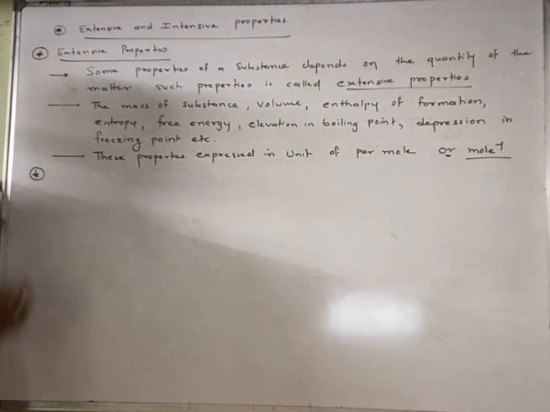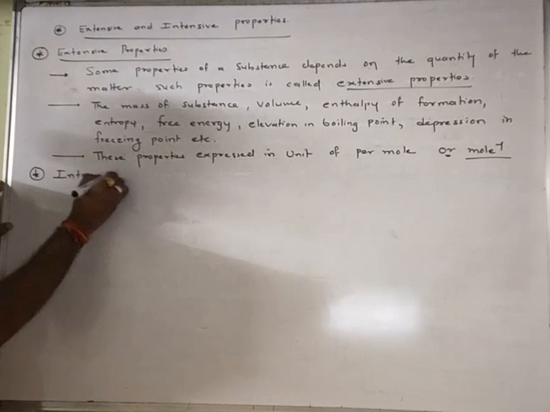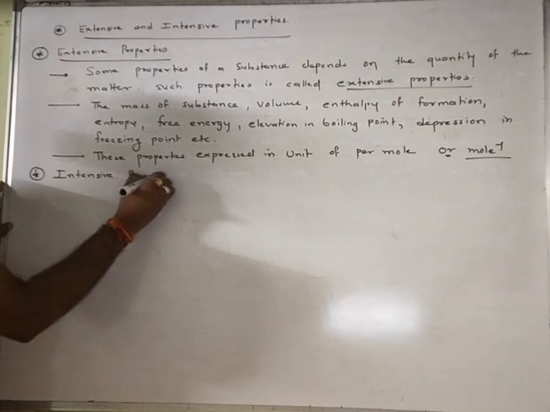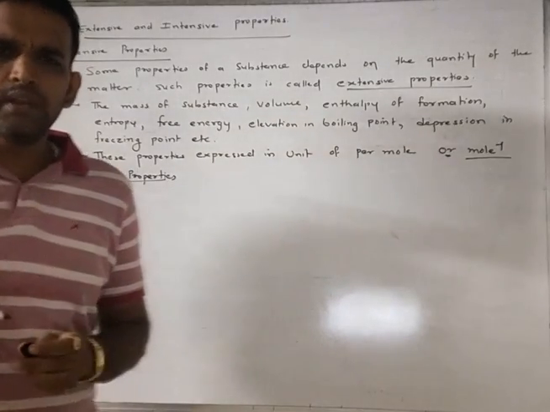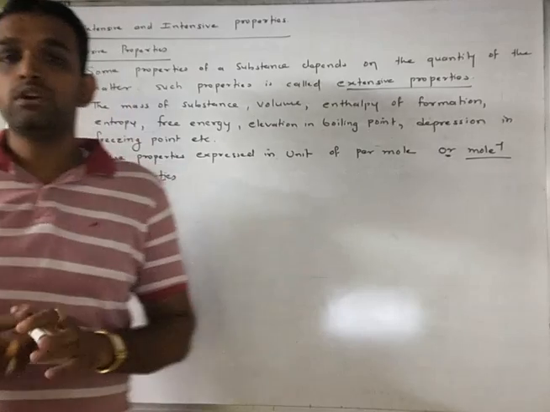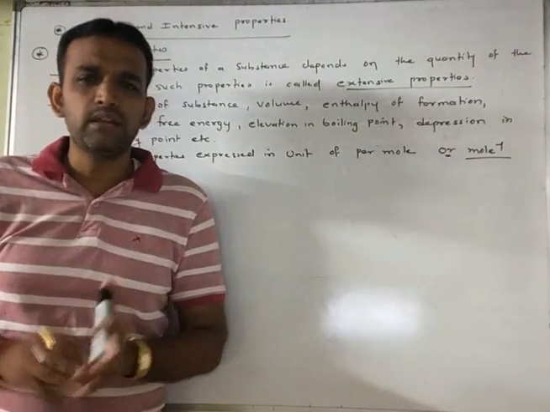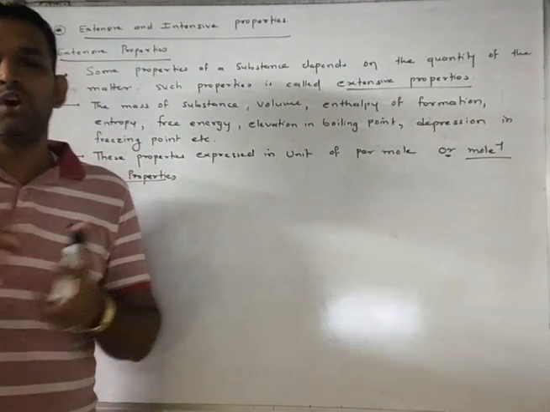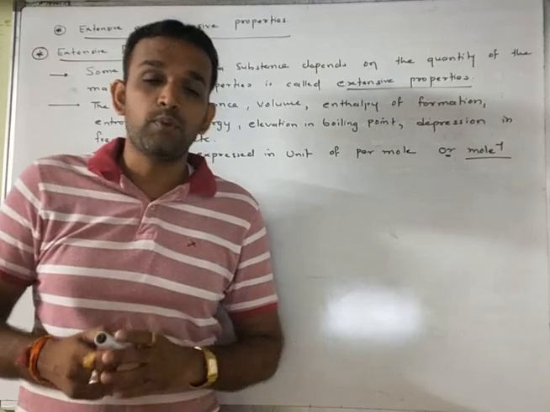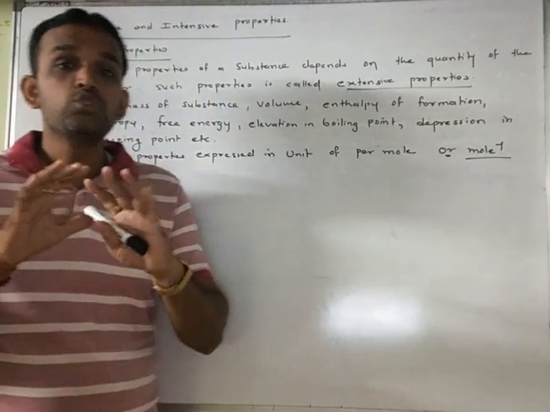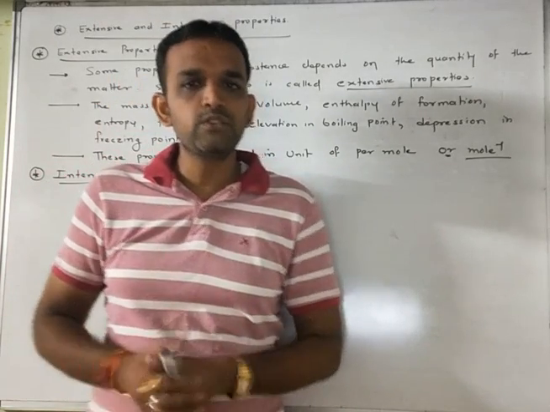Now let us discuss the intensive properties. चलो, intensive properties किसको बोलते हैं? The properties of a substance which do not depend upon the mass of substance. वो mass पे depend नहीं करता, but it depends upon the structure of a compound, that is called the intensive properties, right? वो उसका जो भी substance है ना, उसके structure पे depend करता है, तो उसको intensive properties बोलते हैं.